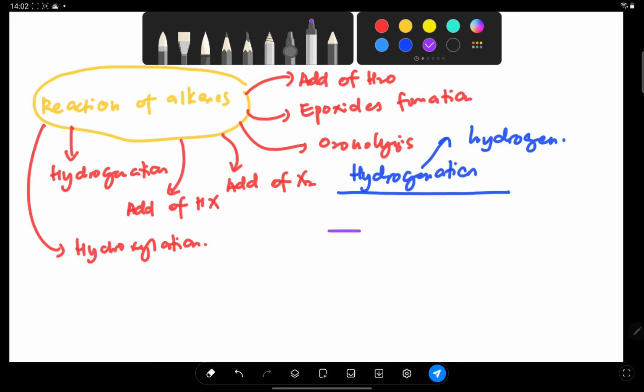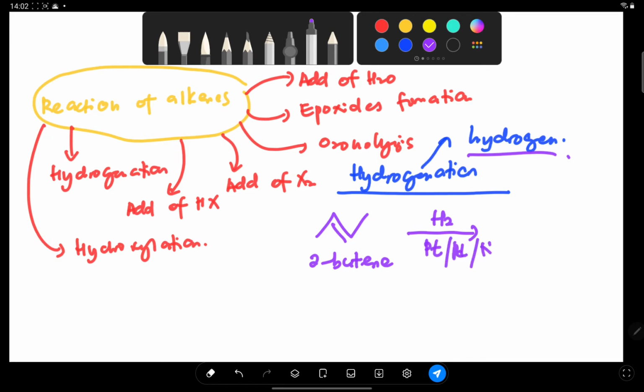For example, here you have 2-butene. When it states hydrogen, you will use hydrogen in the presence of platinum or palladium or nickel. You can use either one, but you cannot use both. You can choose either platinum, palladium or nickel.